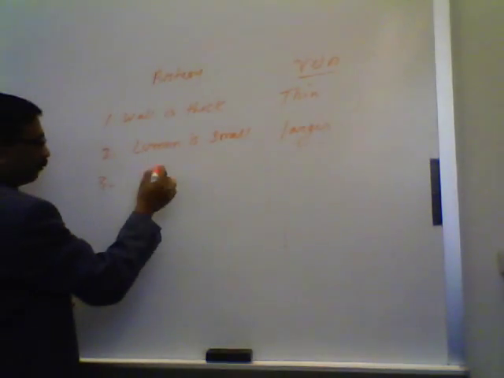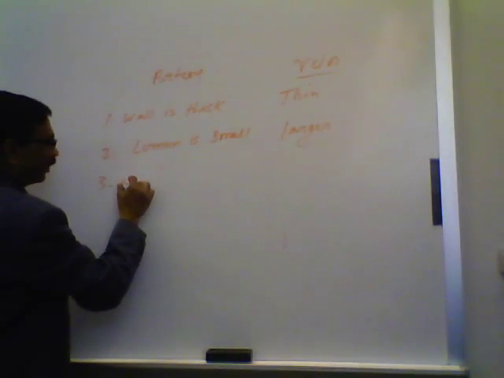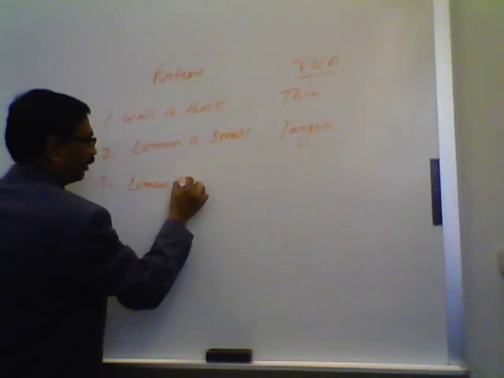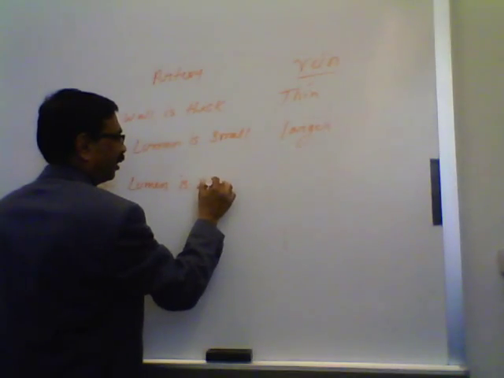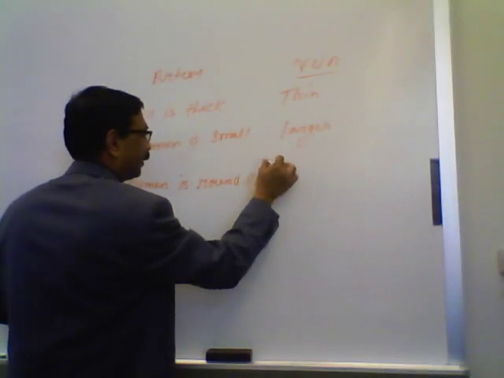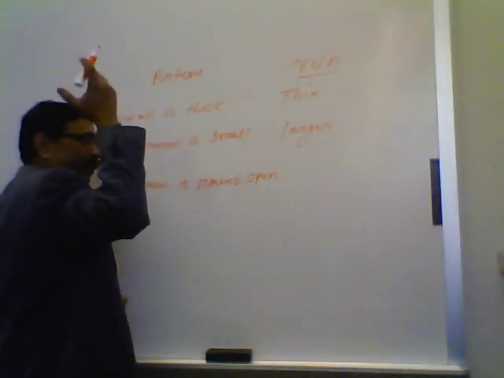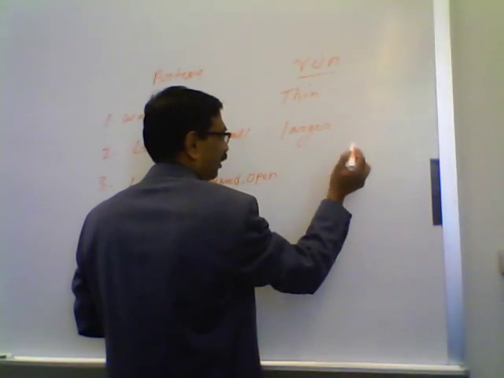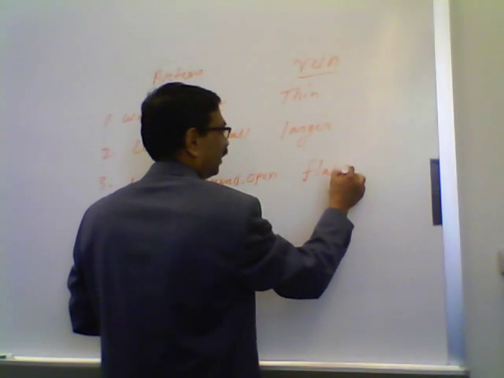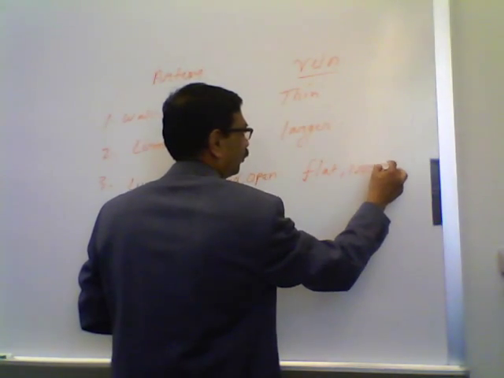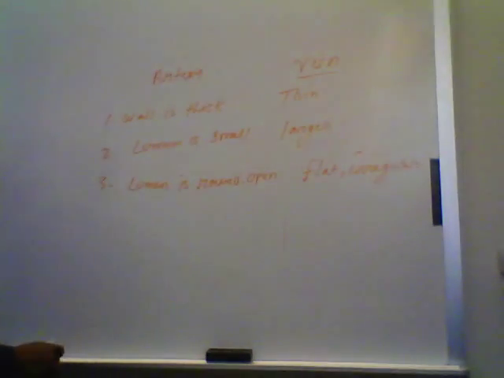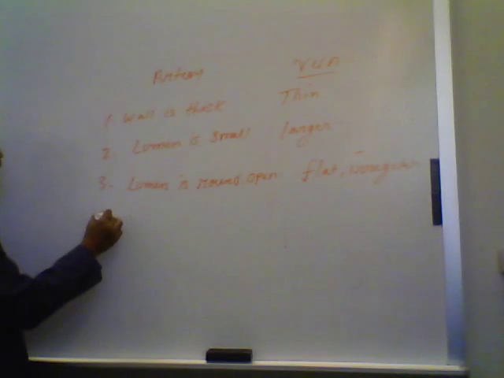So, lumen is round and open. In case of vein, when the blood gets out, the lumen gets flat and irregular. Flat and irregular. Okay. Now you can add more.